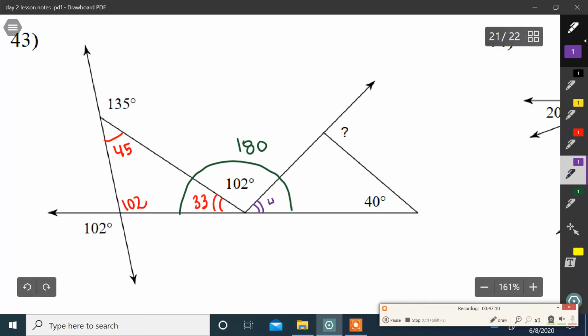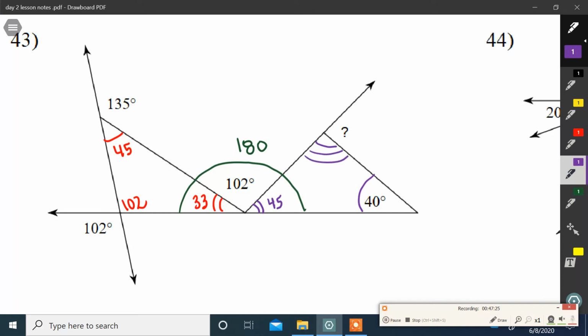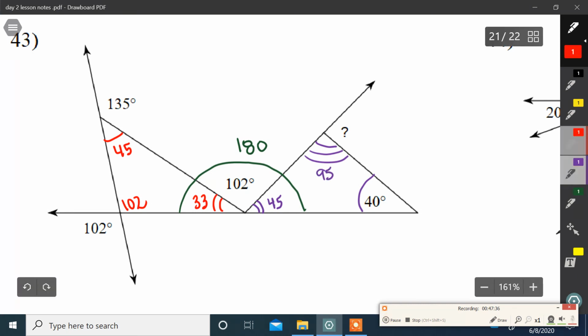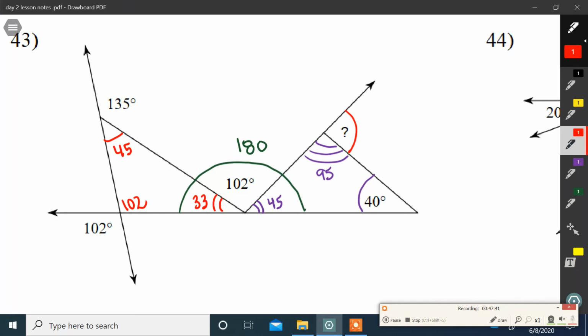So that means that this right here is 45. So if that's 45 and this is 40, I need to find this guy right here. That's easy. I'm gonna subtract 180 minus 45 minus 40, and that's gonna give me 95. In order to find this one right here, all I have to do is subtract 180 minus 95, and that's gonna be 85.